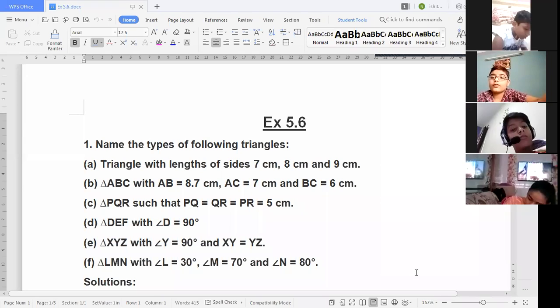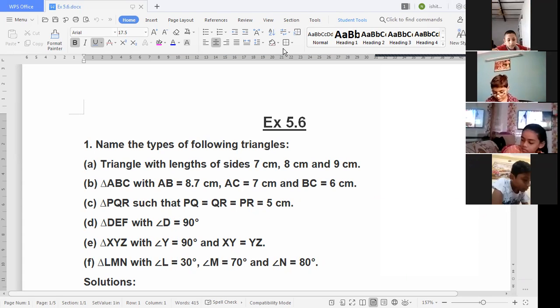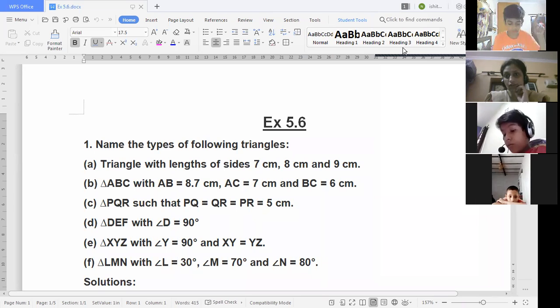Yes. Puneet, read the next part. Okay, ma'am. Triangle DEF with angle D equal to 90 degree. Which type of triangle is it? If one angle is 90 degree, it is a right angle triangle.